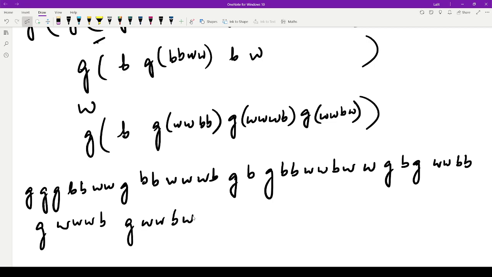So is this question clear? This is the final answer. Okay, if this question is clear, we can move on to the next one. So this is the quad tree representation.